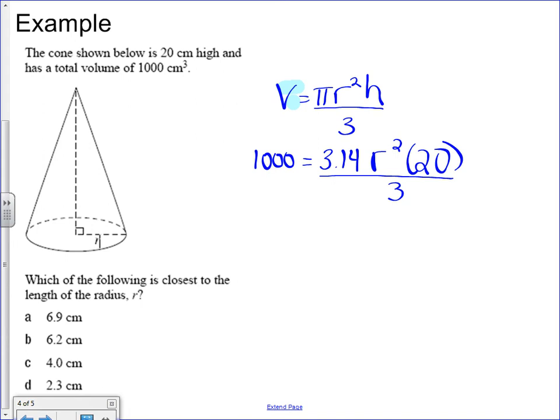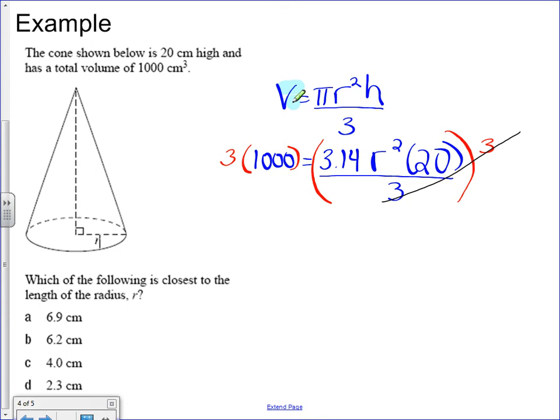What's the opposite of dividing by 3, Nick? Yeah, so what I do is I multiply both sides by 3. Are you with me so far? Lucas, what happens to these 3's here? They do cancel out.